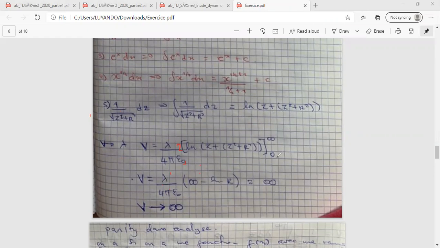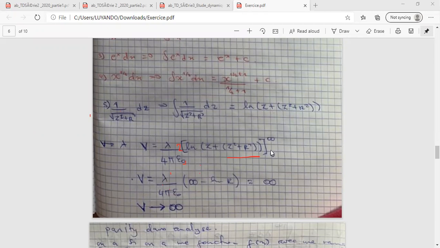Negative infinity to positive infinity can be written as 2 times the function that you have from 0 to positive infinity. So I'm going to have this now after I integrate the function. And then now I'm going to have V is equal to lambda over 4 pi epsilon 0.